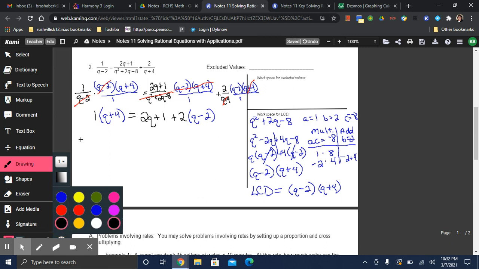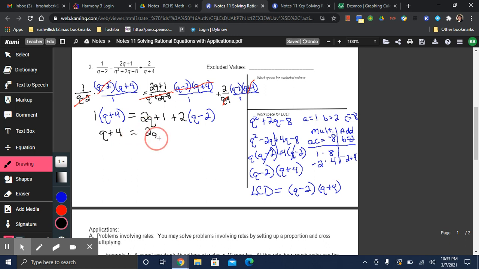All right, so now we'll do the distributive property. 1 times q plus 4 is q plus 4. We have 2q plus 1. And then we can distribute the 2 to 2q minus 2 times 2, which gives us 4.